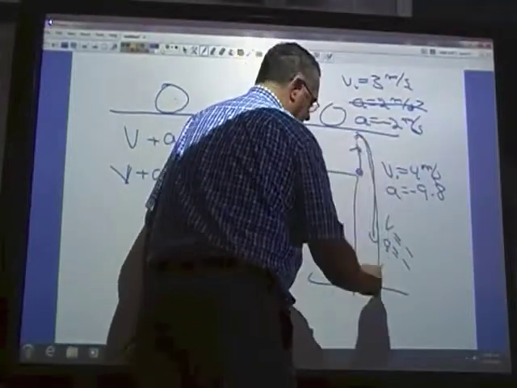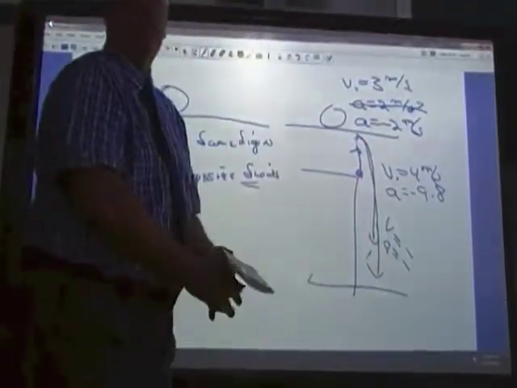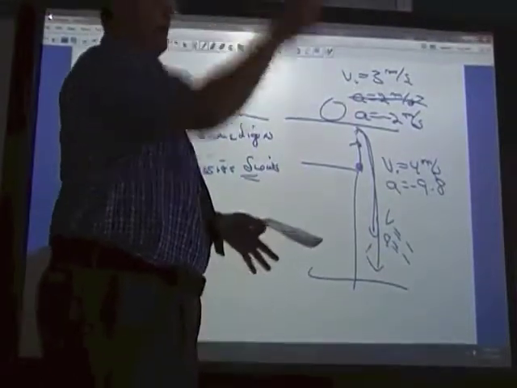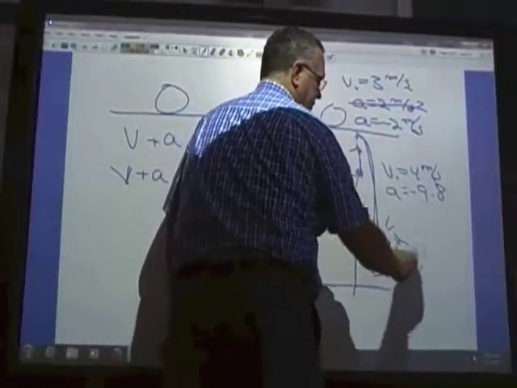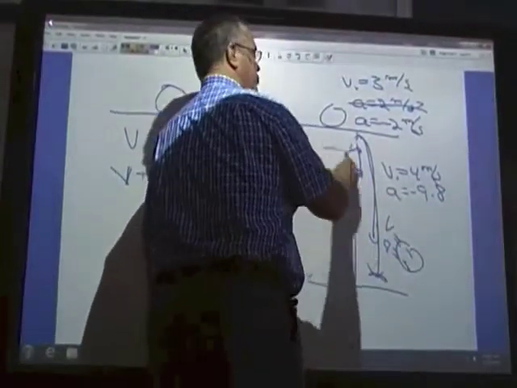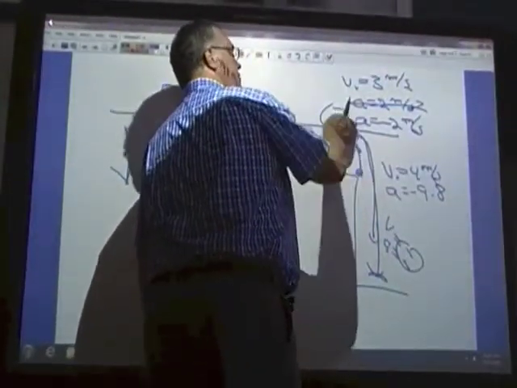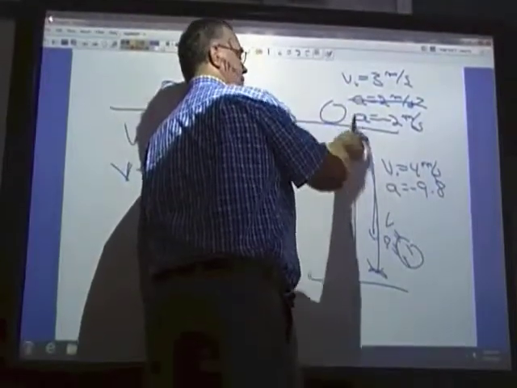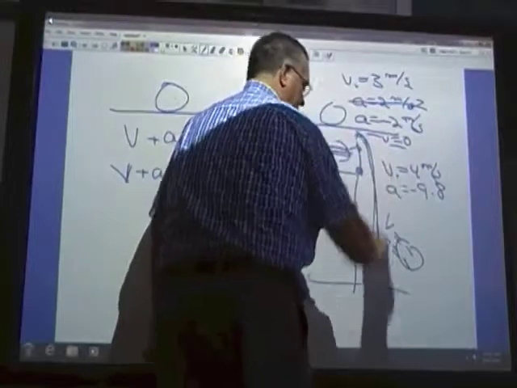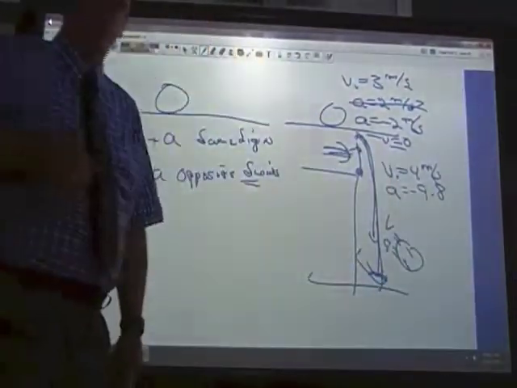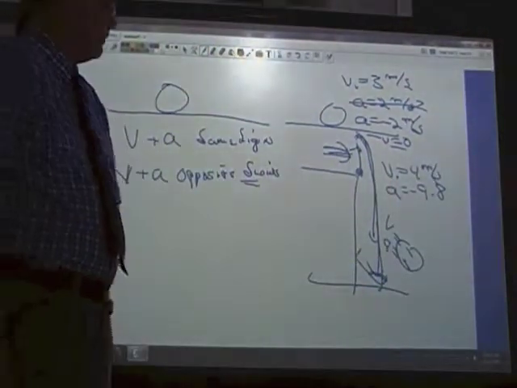Therefore it speeds up, and we see this all the time. When you throw something up, reaches a peak, comes back down, it speeds up. So the two signs are the same, it speeds up. The two signs are opposite, initial velocity positive, acceleration negative. It slows down, comes to a stop, and then speeds up because both the velocity and the acceleration are negative.